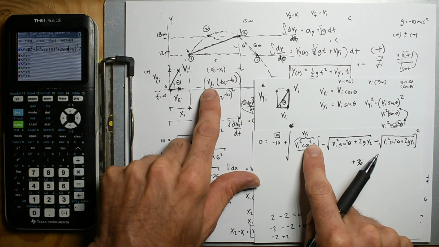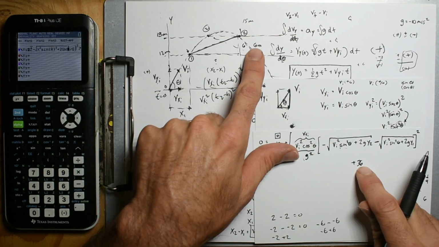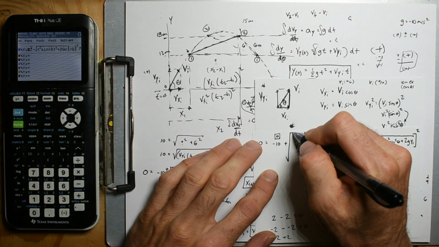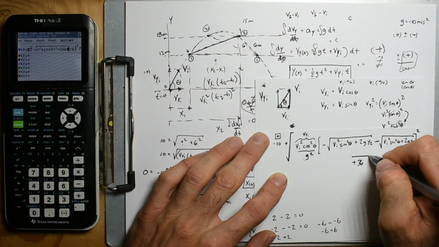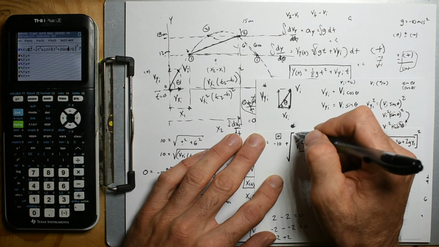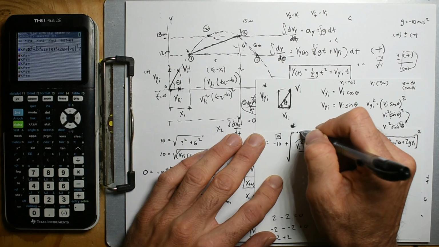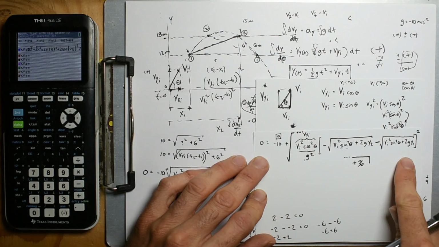There's the square of that part, and then there's the square of that part, and then here's the square of 6 meters. And so this is all under the square root. I'll just drop it down. That's kind of a bizarre thing to do, but all of that is under the square root.